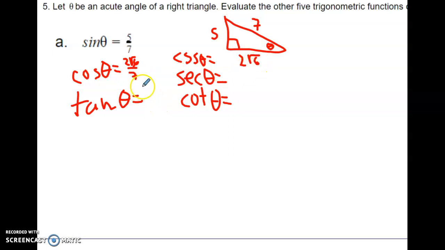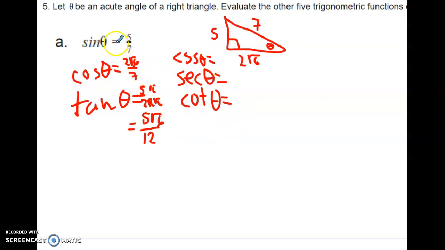The tangent is going to be 5 over 2 square roots of 6, but I have to multiply top and bottom by the square root of 6. I'm going to write my answer down here. I get 5 square roots of 6 all over, oh, I have this 2 times 6, which makes this bottom a 12.